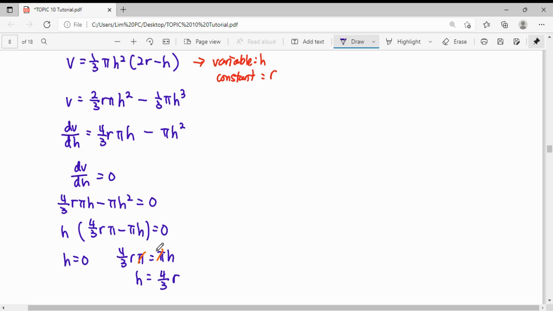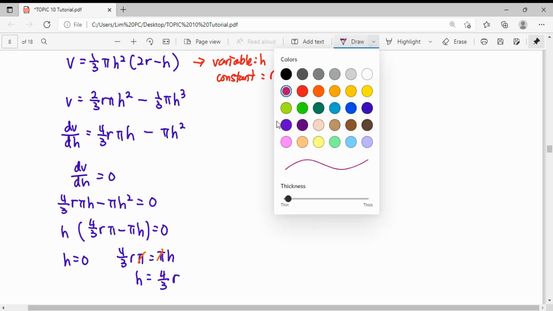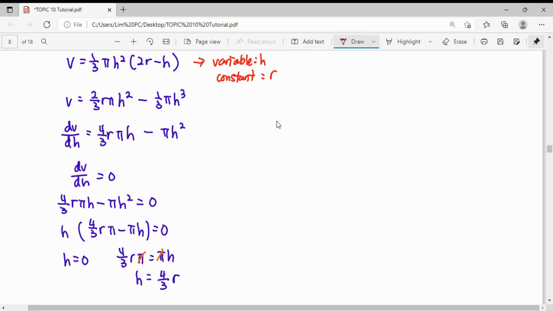So we have to verify these two critical values to show that it is a maximum case. To verify this, we're going to use the second derivative test. From this first derivative, we're going to differentiate it again with respect to h. So 4 over 3 pi, then power moves to the front, 2 pi h to the power minus 1.